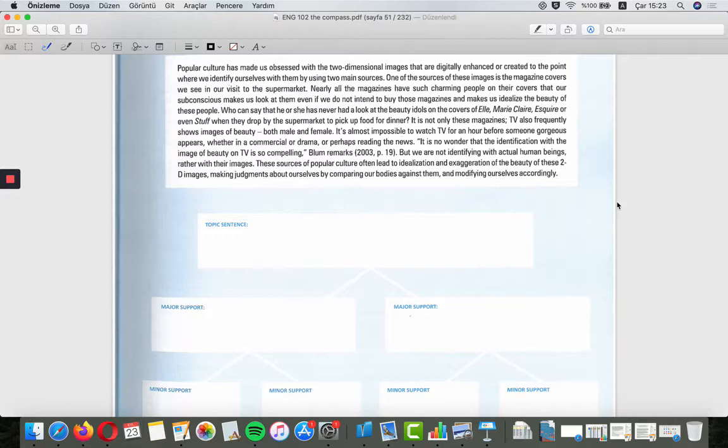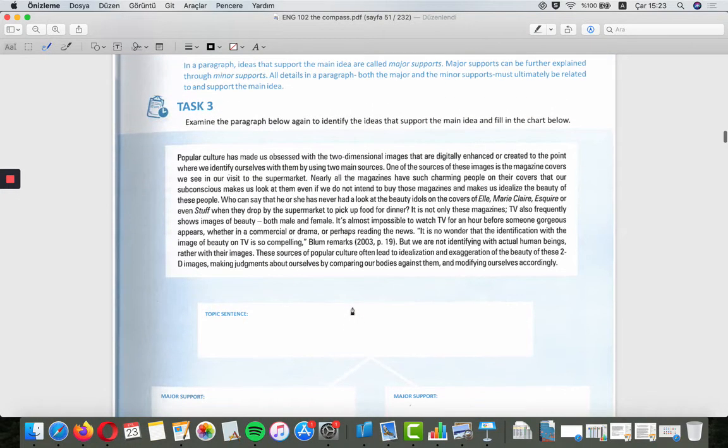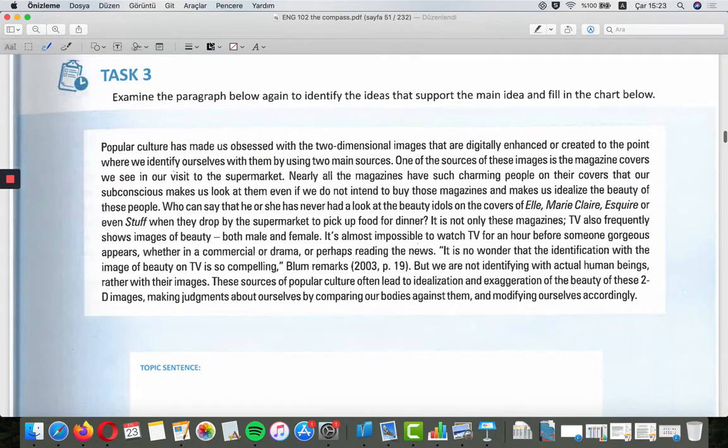Okay, let's have a look at it together. I'm not going to write all of them here. I don't want to lose time, but I will underline them here. Okay?